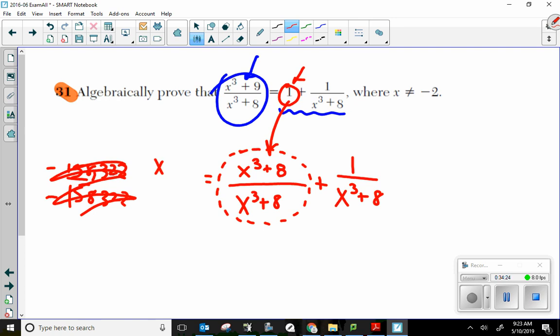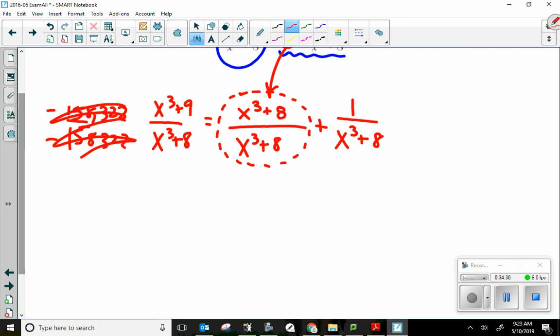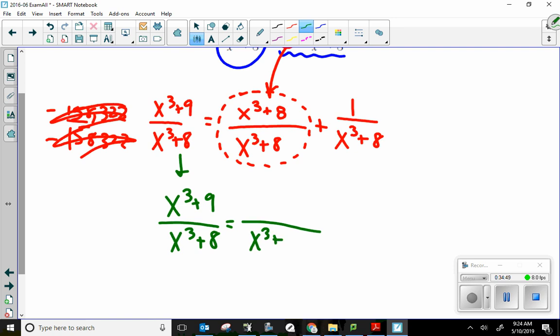And this should be x cubed plus 9 over x cubed plus 8 when everything's all said and done. That was not a very difficult concept at all. Now, I can combine my right side and make one fraction. So let's just carry this down. I have x cubed plus 9 over x cubed plus 8 equals. I can combine these into one fraction, x cubed plus 8, and add 1.